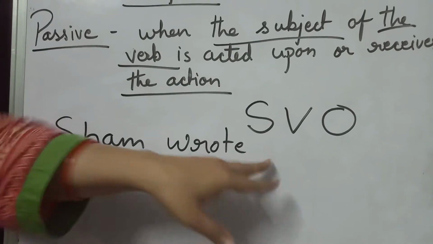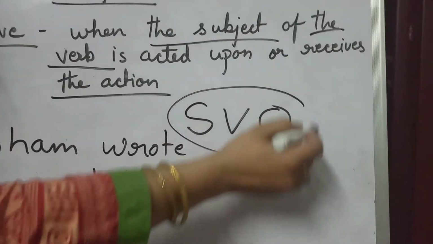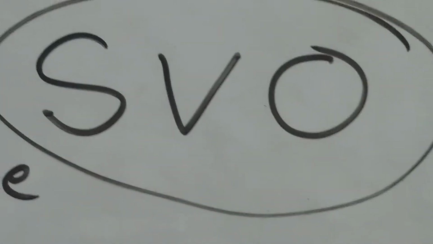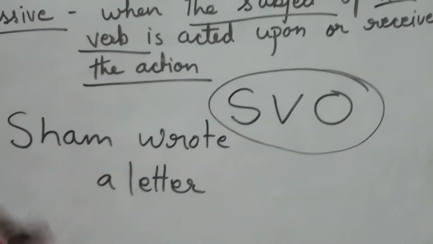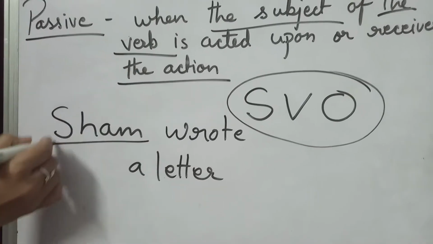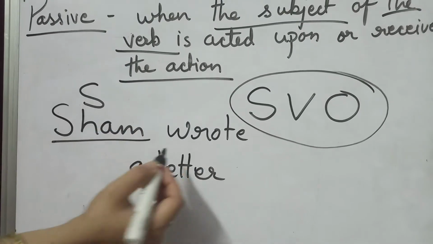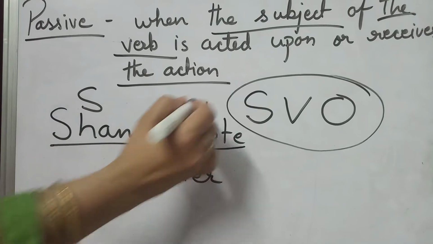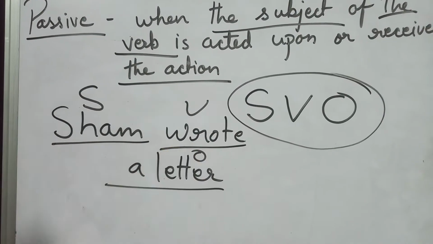Now here what I told you, that is the key main point, that is subject, verb, object. As we get the sentence, we have to mark subject, verb, object.